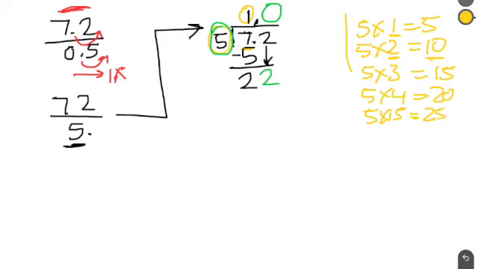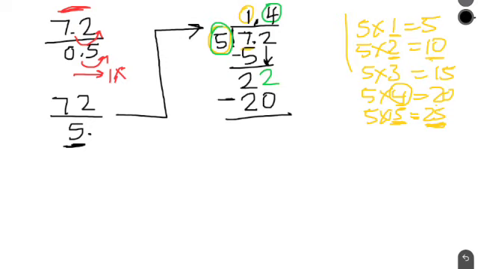So we see that the number cannot be 5, because if it was 5, then the product would be 25, and 25 would be larger than the 22. So that number is going to be 4, because 20 is smaller than 22. So we said 5 times 4 is 20.